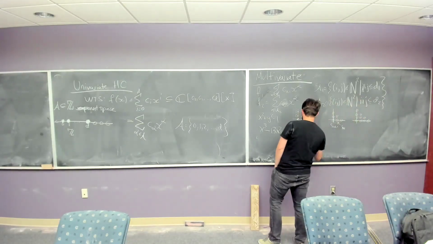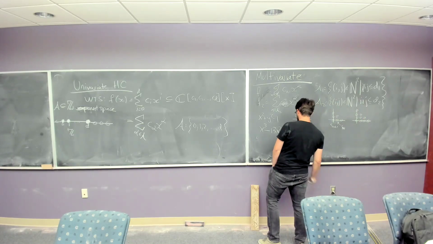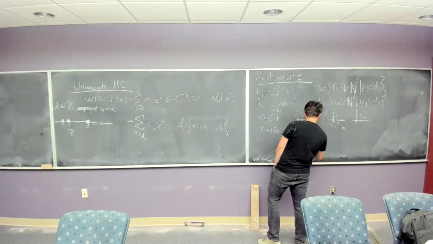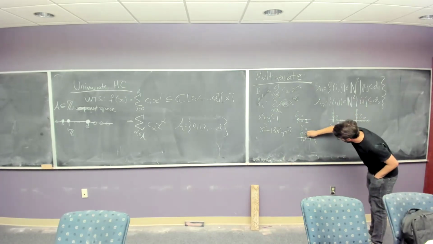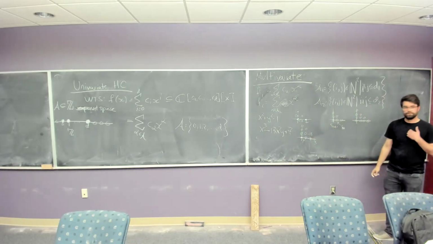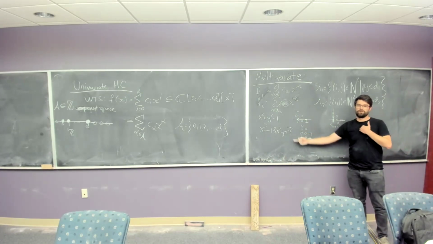Whereas this one would be like, okay, we got a 7 here. X squared y, there's a -13 here. 0, 0, a 3 here. A 0, and a 0, and a 0.